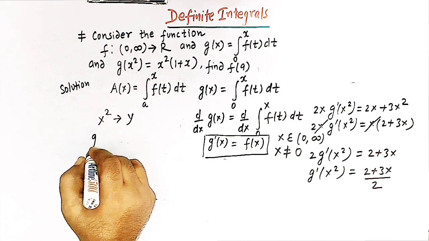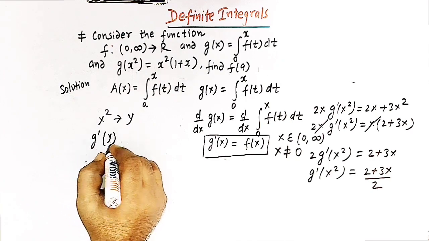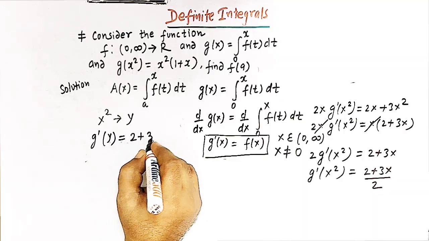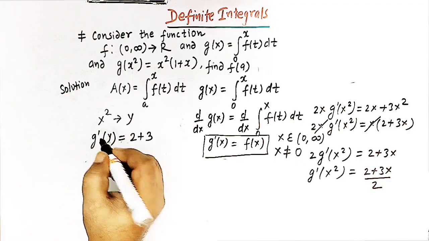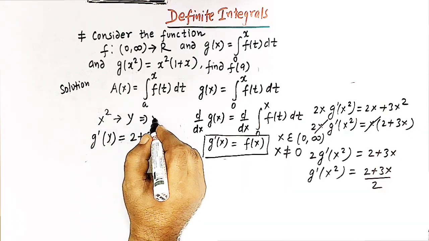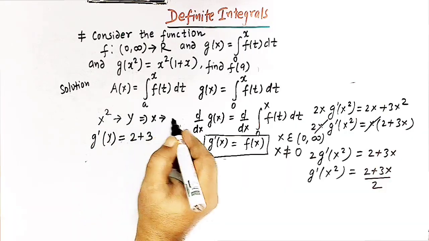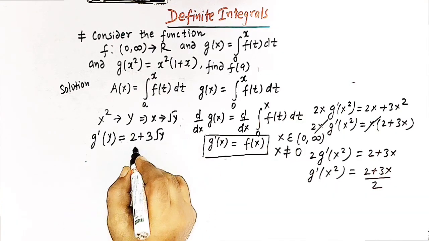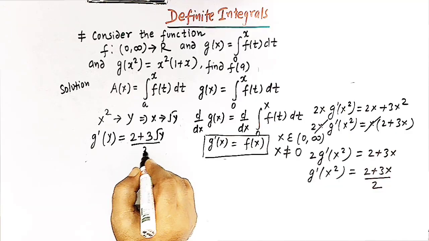So we can now write g prime of y, and here we have 2 plus 3x. Now when we are replacing x square by y, it implies that we have to take x is equal to square root of y. So here we have square root of y, and here in the denominator we have 2.